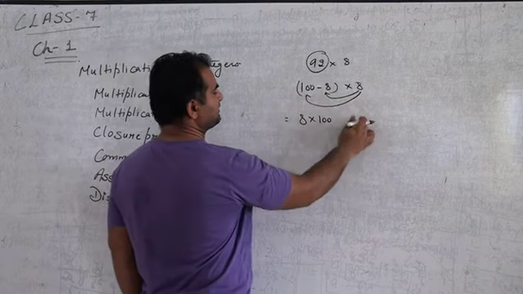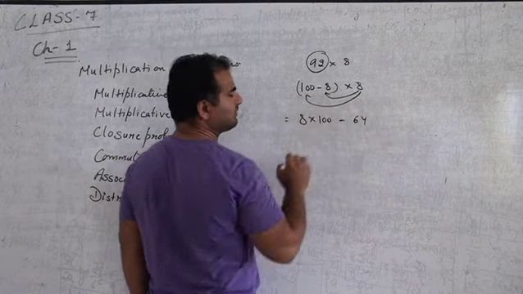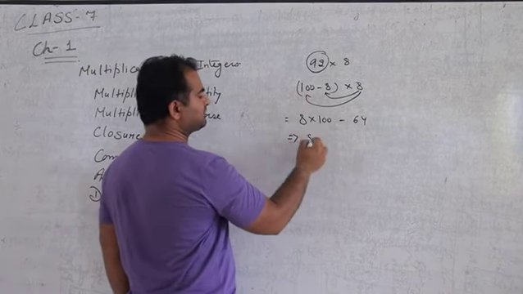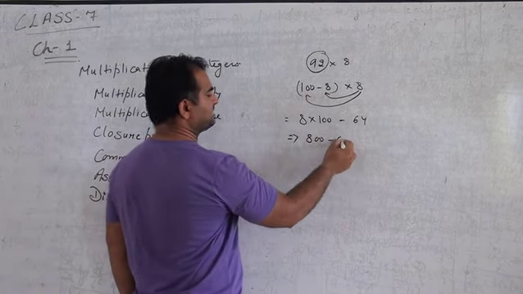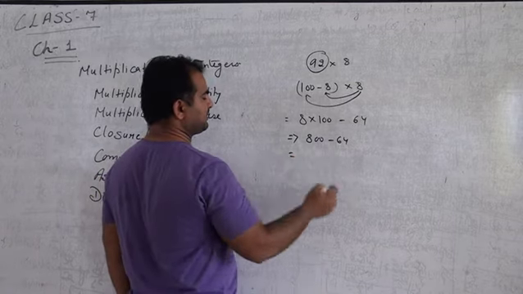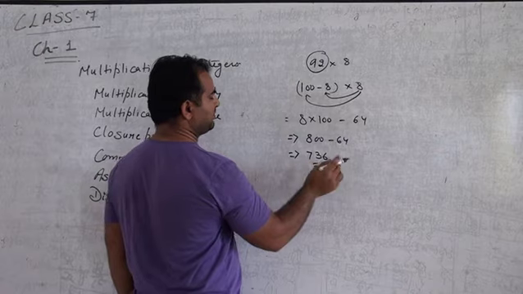What is 8 into 8? It's 64. So 8 into 100 equals 800, minus 64. What is 800 minus 64? It is 736, our final answer.